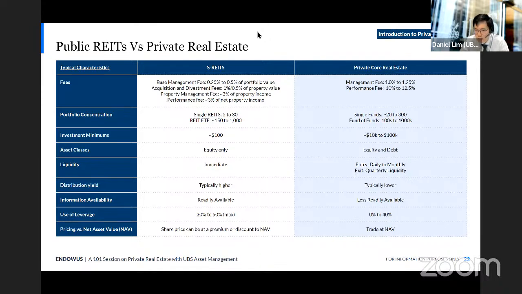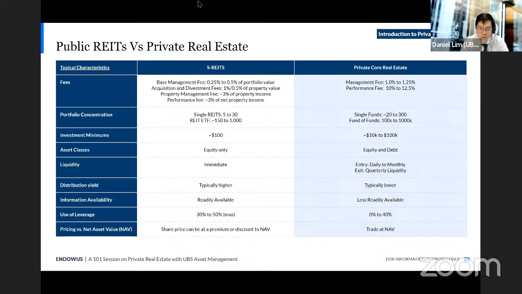I think the next key one to point out is on the liquidity. So for listed REITs, as you probably know, it is pretty easy to enter and exit REITs basically immediately, subject to the bid-ask spread for a given stock. For core real estate funds, however, and Gus will talk more about how we define core later, typically when you invest into a core private fund, you join the subscription queue and you are able to join on a quarterly basis.